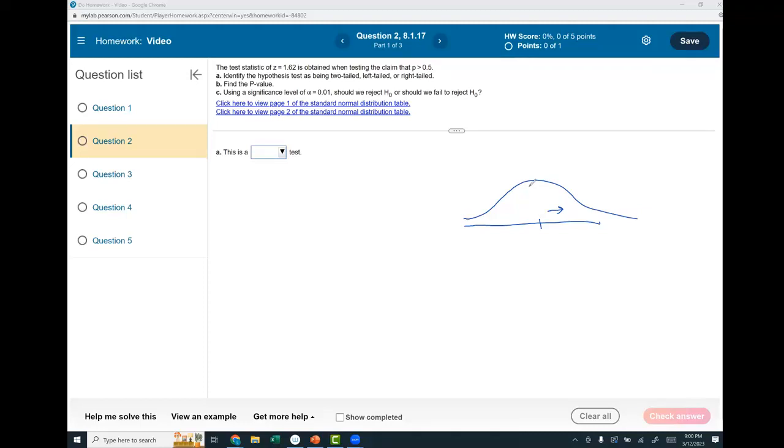So this would be greater, and this would be less than 0.5. This is the middle, but remember the probability, and that's p, so it has to do with probability.